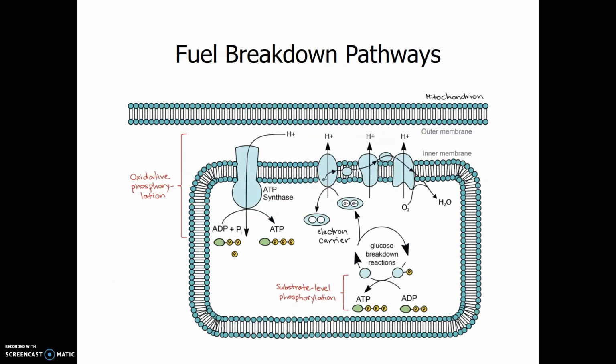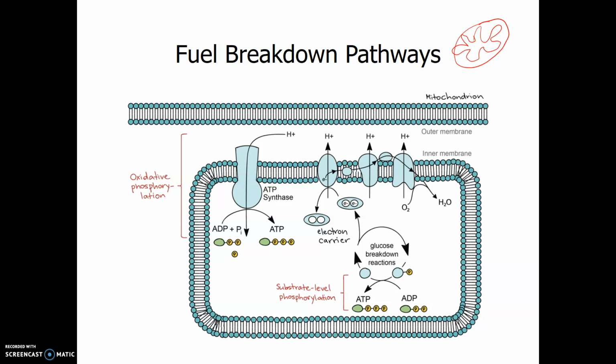Okay, what you're looking at here is the inner and outer membrane of a mitochondrion. Now, if you remember in your cell chapter, the mitochondrion kind of looks like this. It's got an outer membrane and then it's got a folded inner membrane.